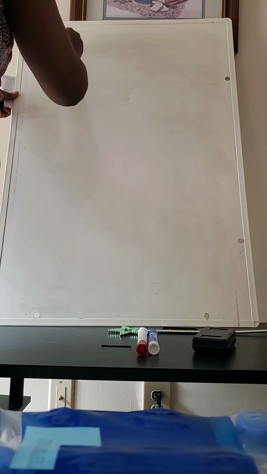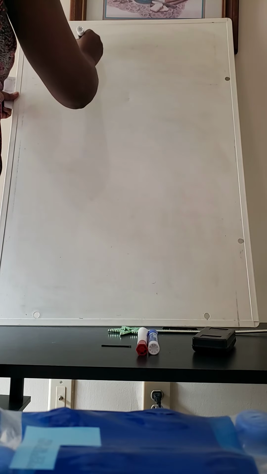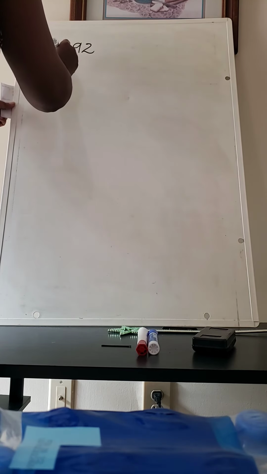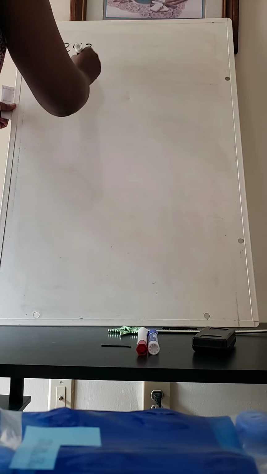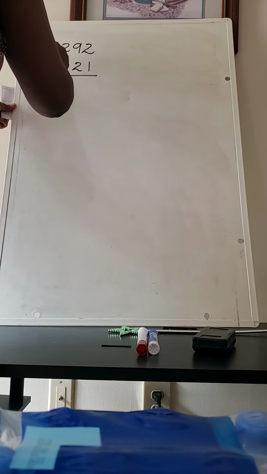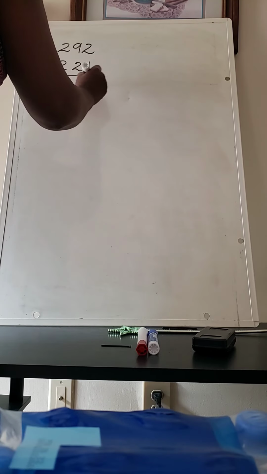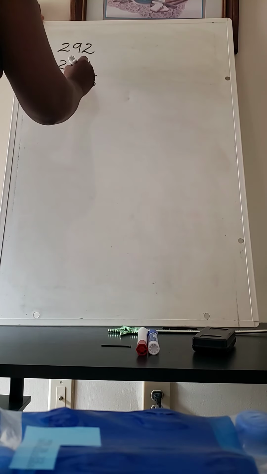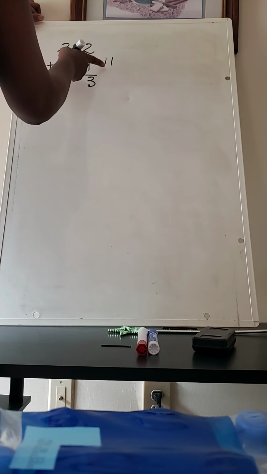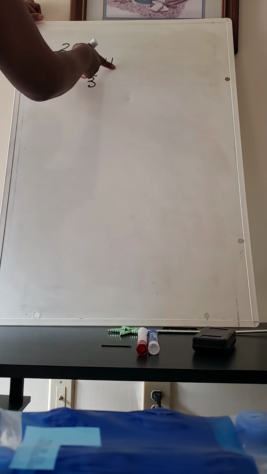So we're going to have 292, and we're adding to that 221. 2 and 1, 3. 9 and 2 is 11.